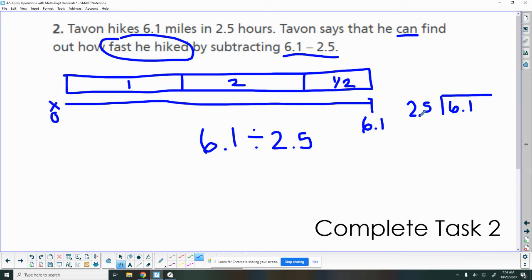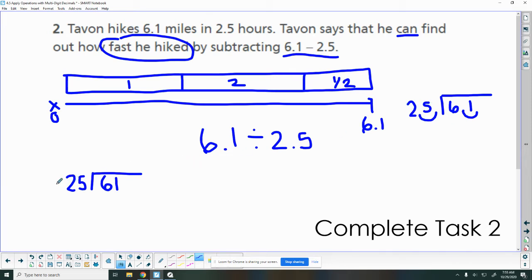We want to make this a whole number though. So I'm going to make this 10 times bigger. So I need to make this one 10 times bigger. So I'm actually doing the problem 61 divided by 25. But because I did the same thing to both parts of the problem, I'm getting the same answer.